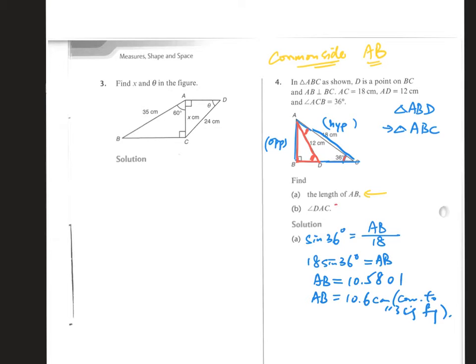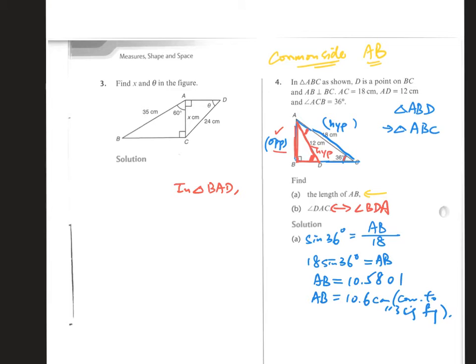So in order to find angle DAC, I shift my focus to finding angle BDA first. I use the space on the left-hand side for demonstration. I will say in triangle BAD, which has this angle, AB is still the opposite side, so this one is correct. The 12 is the hypotenuse.